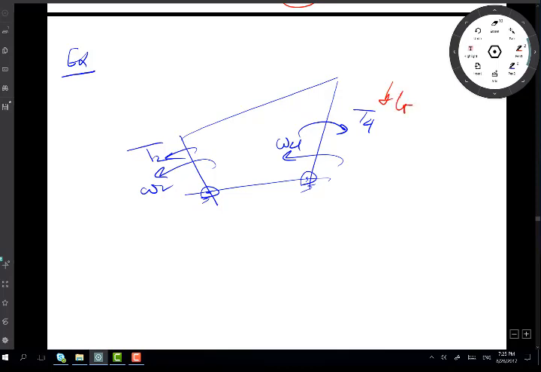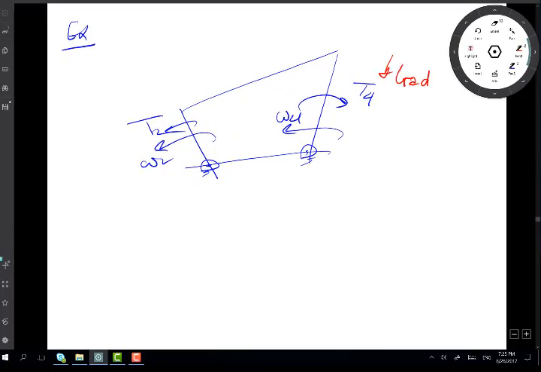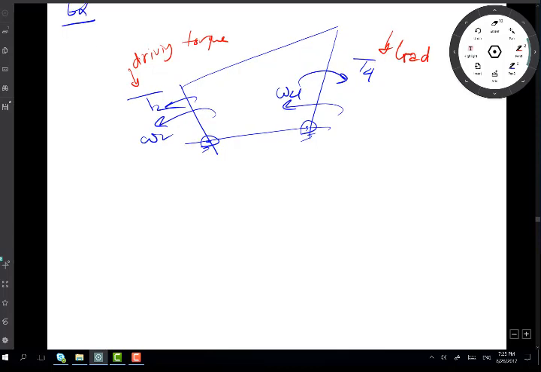That's why we refer to this as the load, right? And this is the driving torque. I want to write my equation. I have my input T2 ω2, plus T4 ω4, equal to 0.